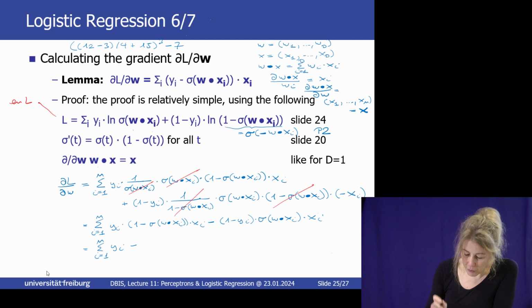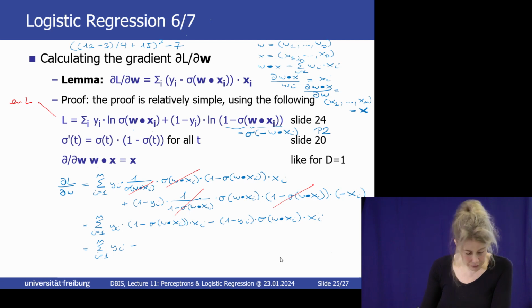But you are right to point out that there was something I lost over here. So this is still correct, because even if I put a minus here and here, the product is the same thing. Instead of the minus missing in 1 divided by 1 minus sigma of something, there should be a minus before it because we have a minus w on top.